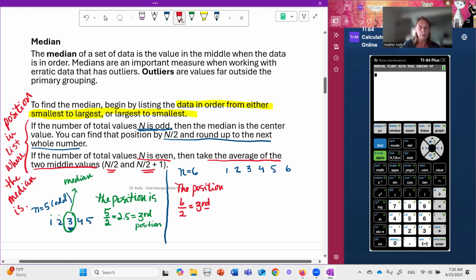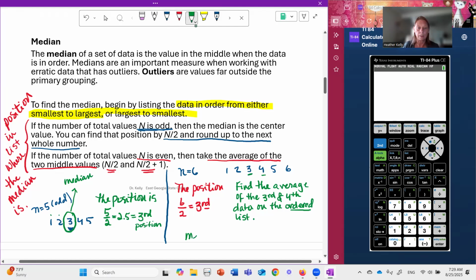And this says that we take the third and the fourth. So now we need to average the third and fourth data on the ordered list. Okay, and so 1, 2, 3, and 4.